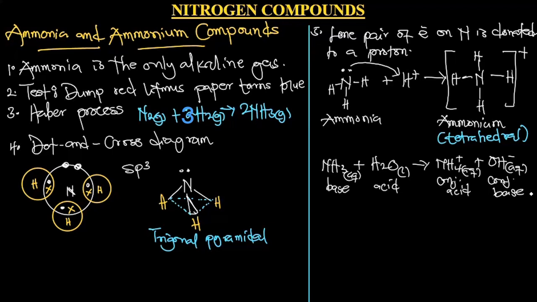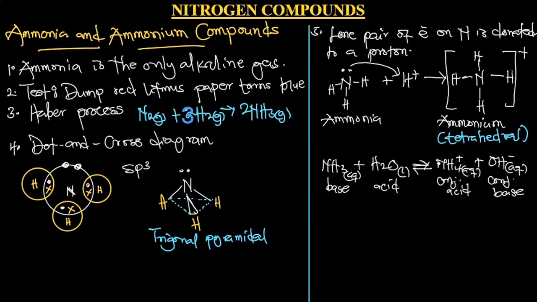So ammonia is acting as a base because it is accepting the proton, and water is acting as an acid because it is donating the proton, which means that water is a stronger acid compared to ammonia. Now, in this reaction, just correct this. This is an equilibrium reaction, so you have a double arrow.